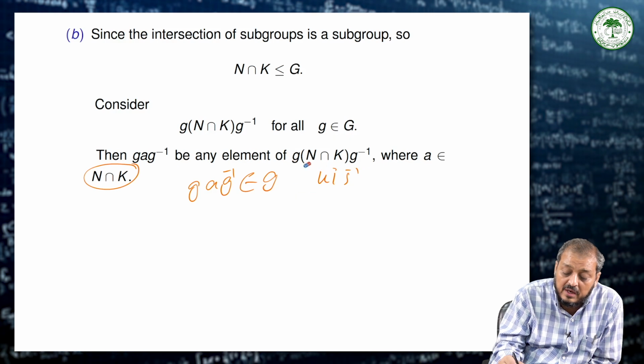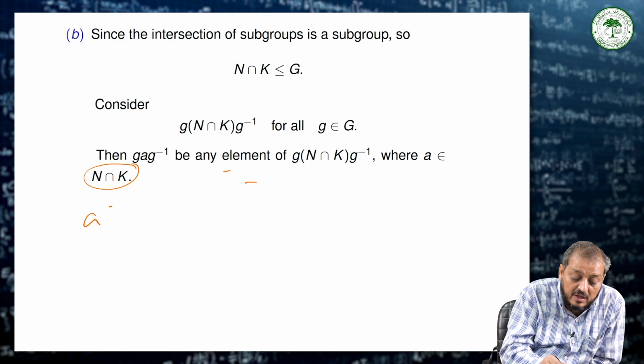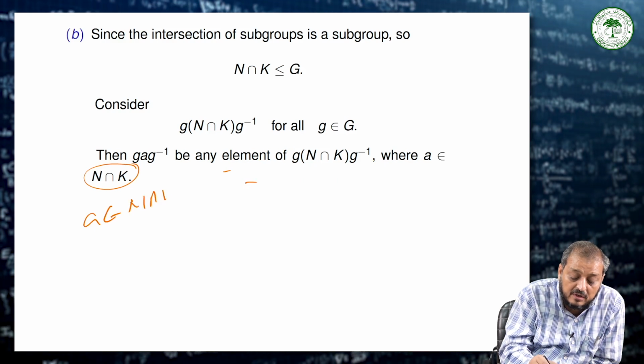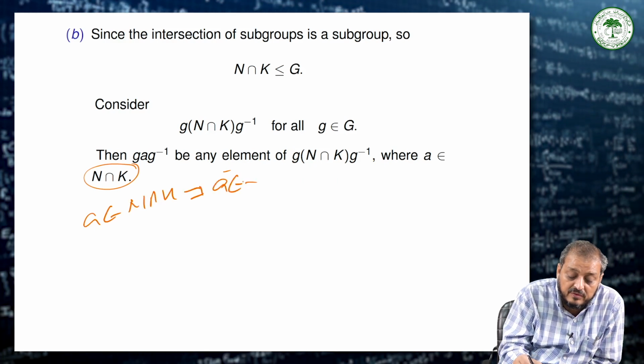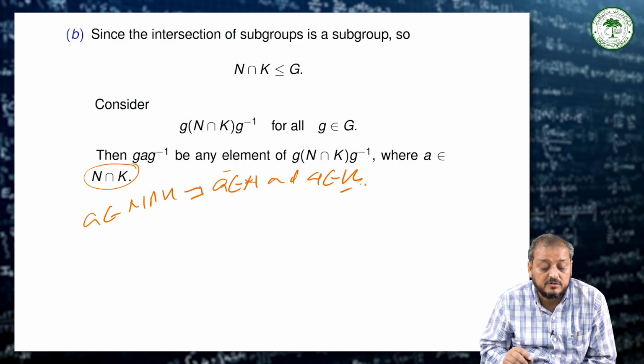So clearly a is an element of N intersection K. This implies that a is an element of N and a is an element of K also.